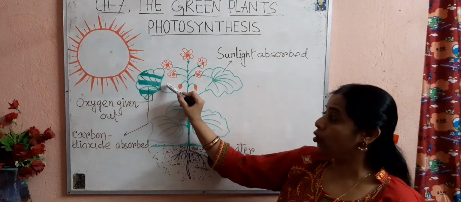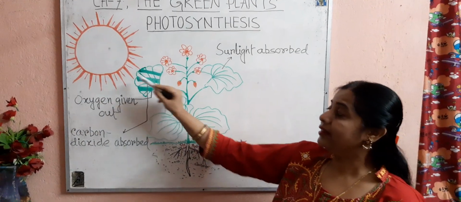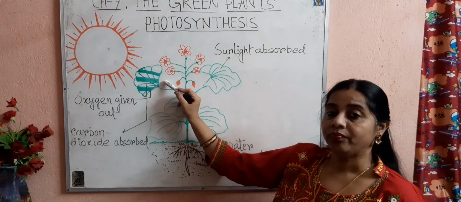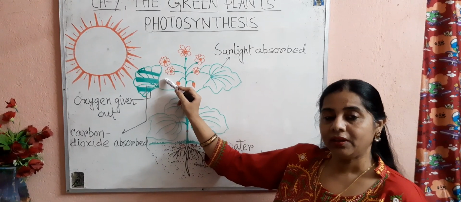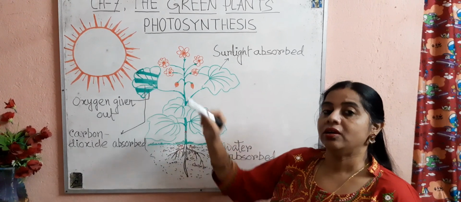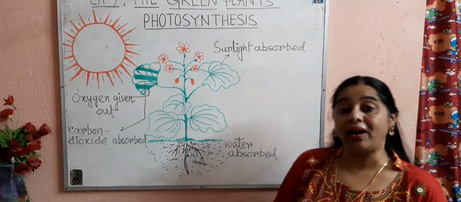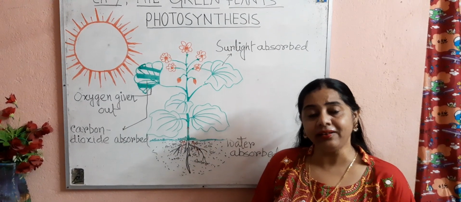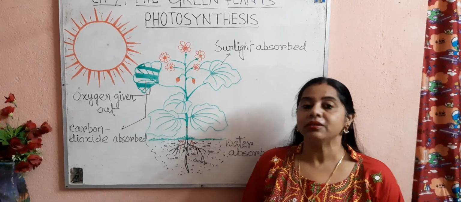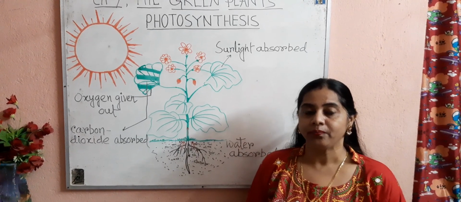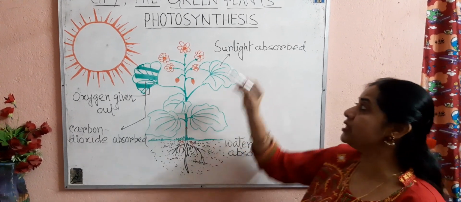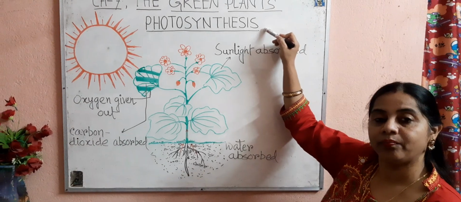So, the chlorophyll molecules trap the sunlight in the leaves. And with the help of water and carbon dioxide, the green leaves synthesize their food. And this process is known as photosynthesis.